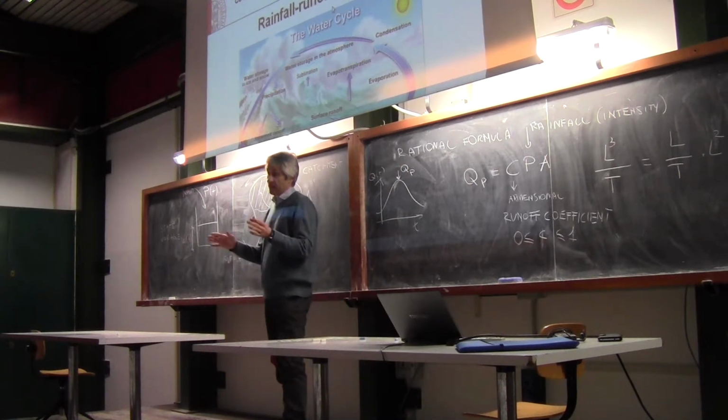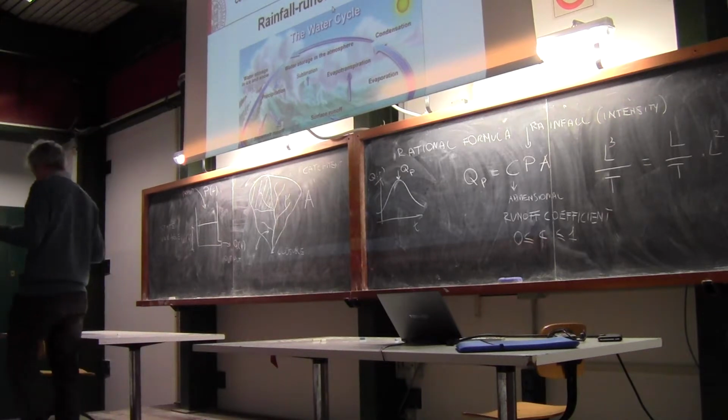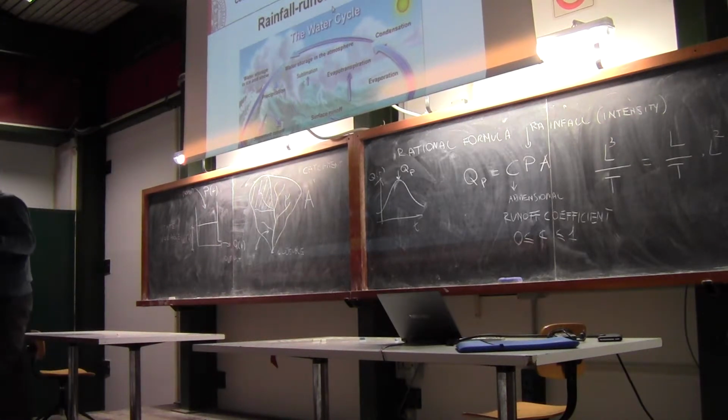It's reductive. I'm not sure if it is correct to say reductive in English, but anyway, it is reducing the river flow with respect to the product of rainfall intensity times catchment area.